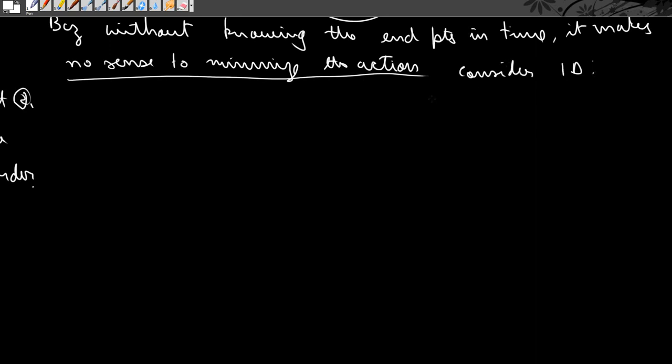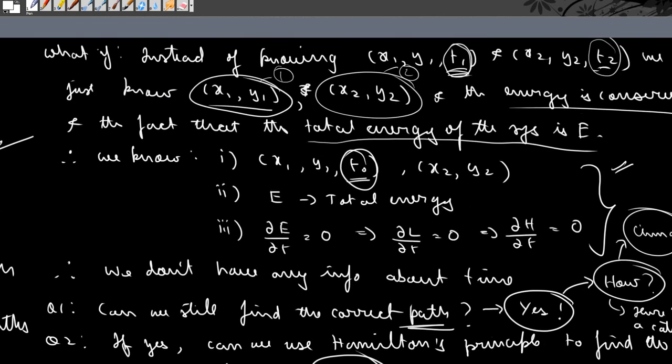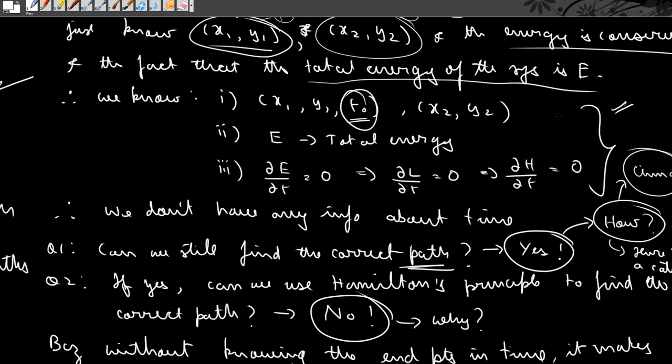I'm going to draw the different paths in the x versus t space, and let me call this t0, let me call this x1, let me call this x2. There is no information about y1 and y2 because we are working in the one dimensional case.